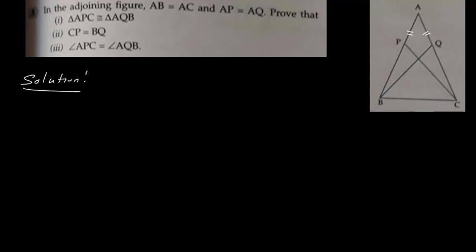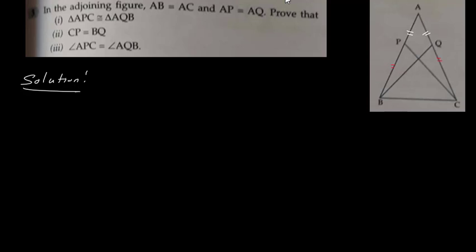This side and this side are equal, it is given. Then in triangle APC, the side AC, this complete side AC, is equal to side AB of triangle AQB.